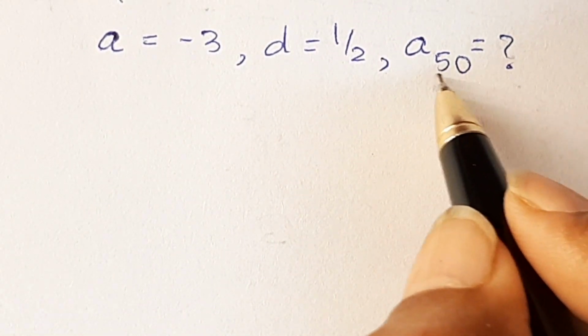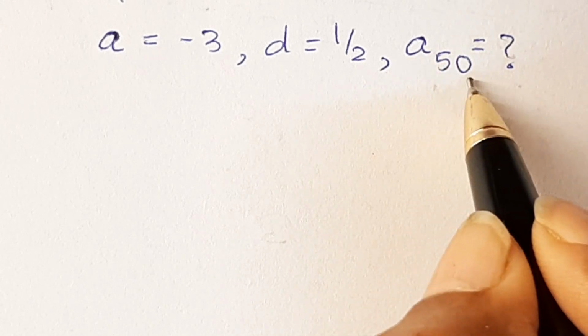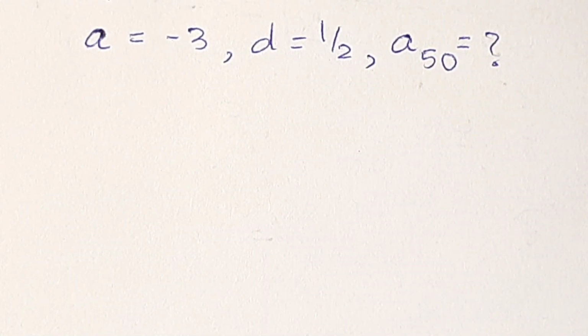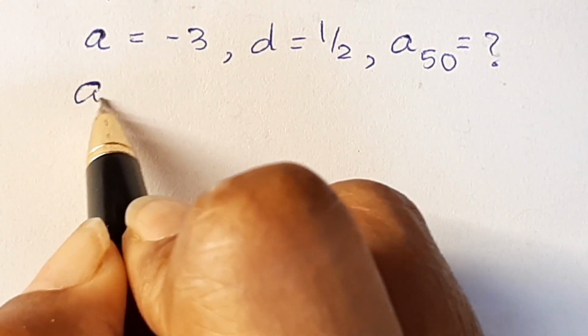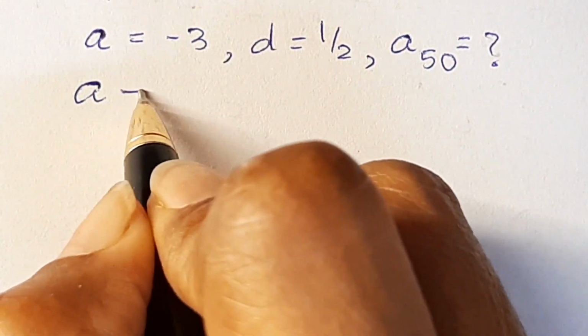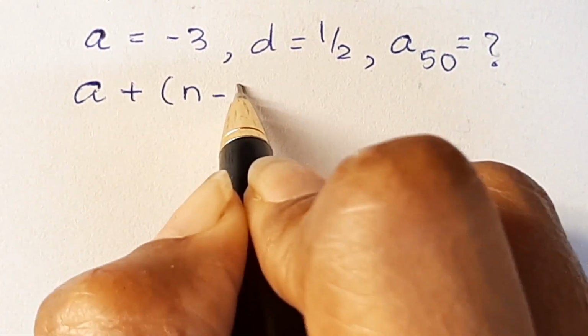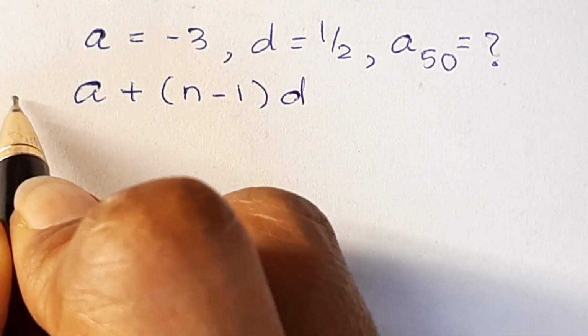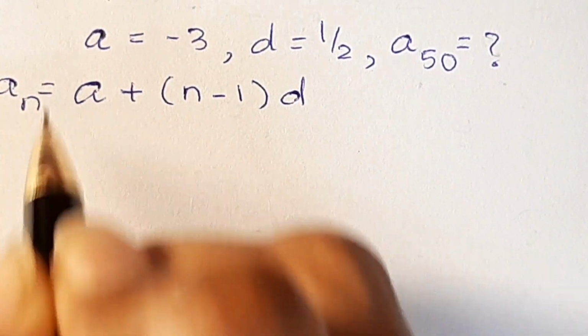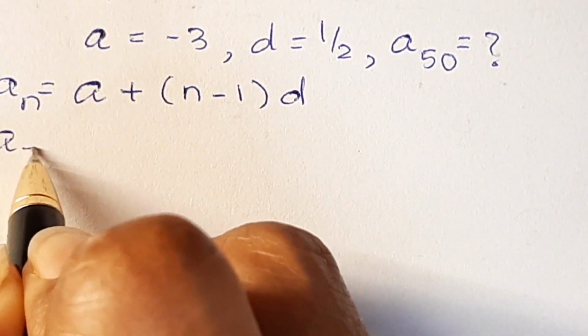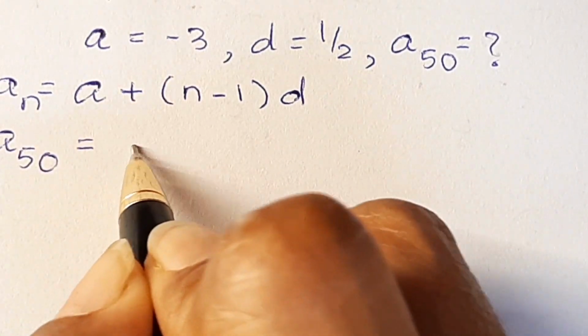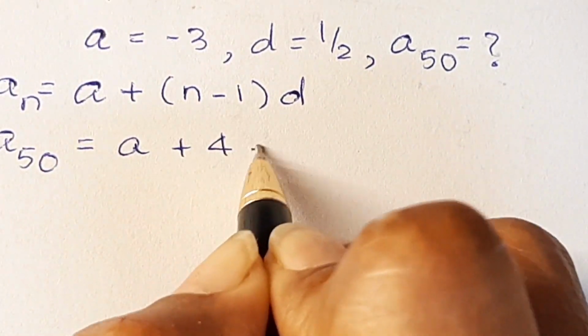In order to find the 50th term, a50 equal to question mark, we will be using the formula a plus n minus 1 into d, and so a50 will be equal to a plus 49d.